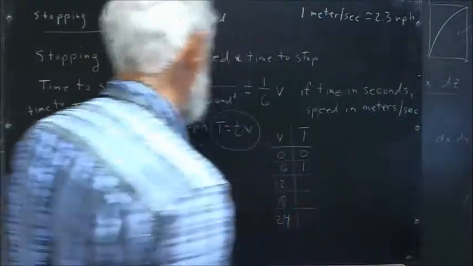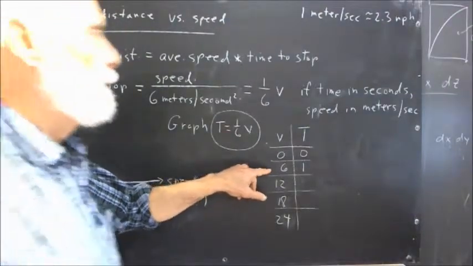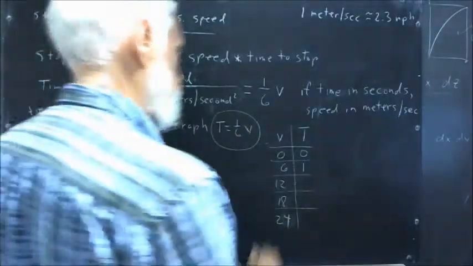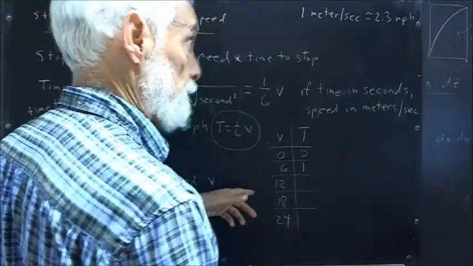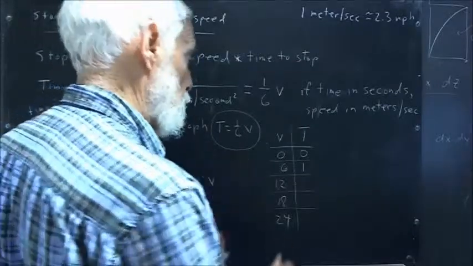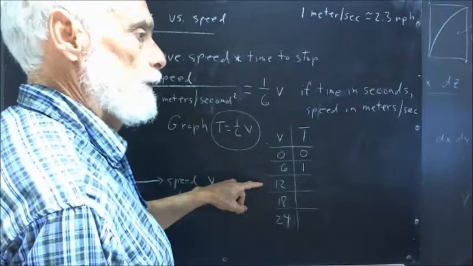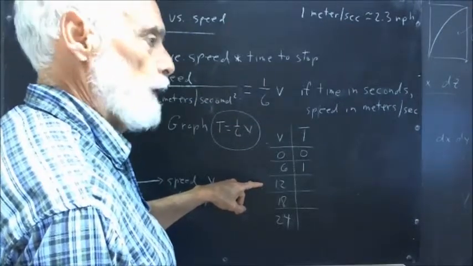We say it takes 1 second if you're moving 6 meters per second, which would be about 13.8 miles per hour. If you're moving about 12 meters per second, that would be 27.6 miles per hour, which is right at the top speed of a human runner.